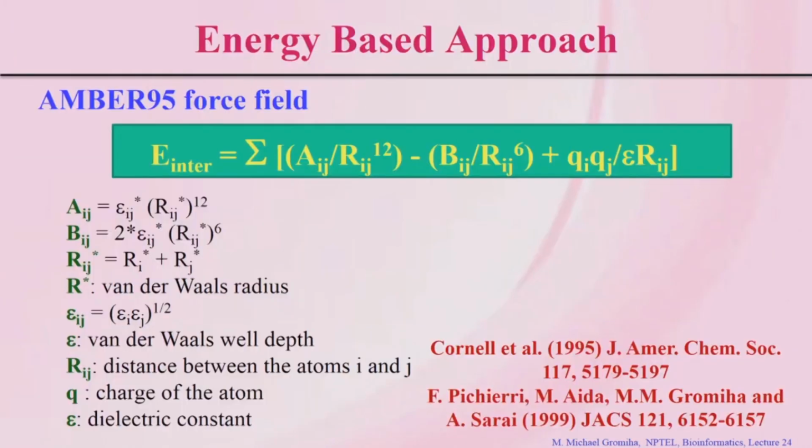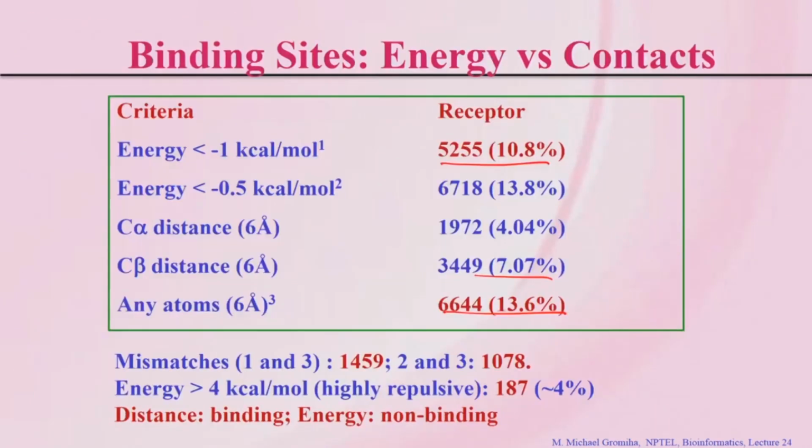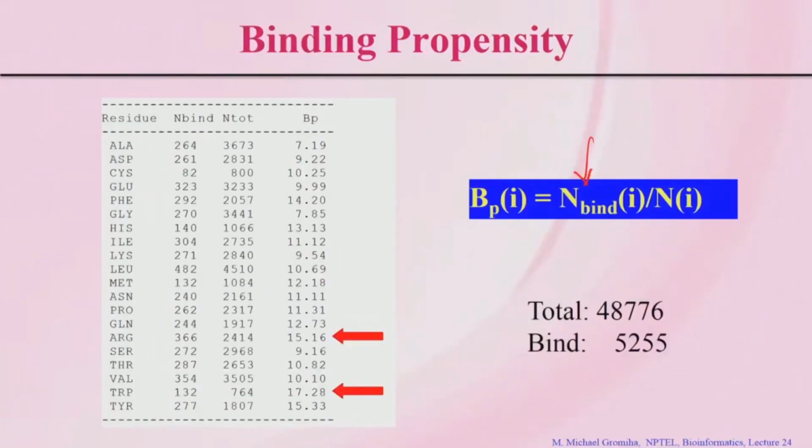If you do this, you can see some preferences. For example, arginine has a value of 15.1, tryptophan 17.28, and tyrosine 15.33, and phenylalanine is also very high. So, you can see the preference of some specific residues.